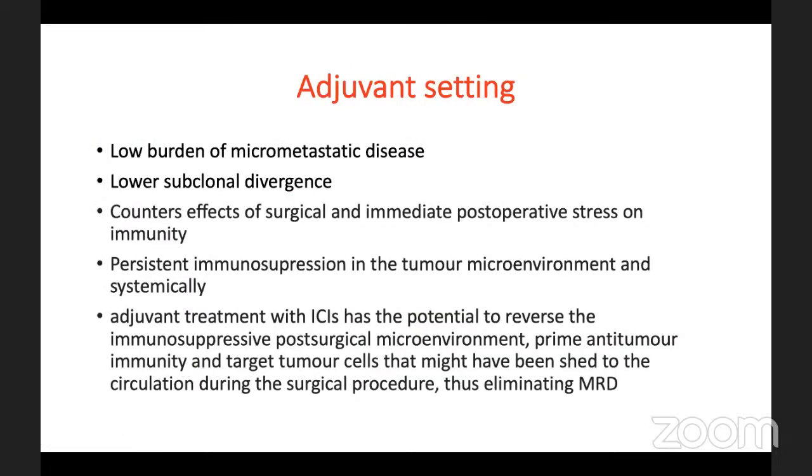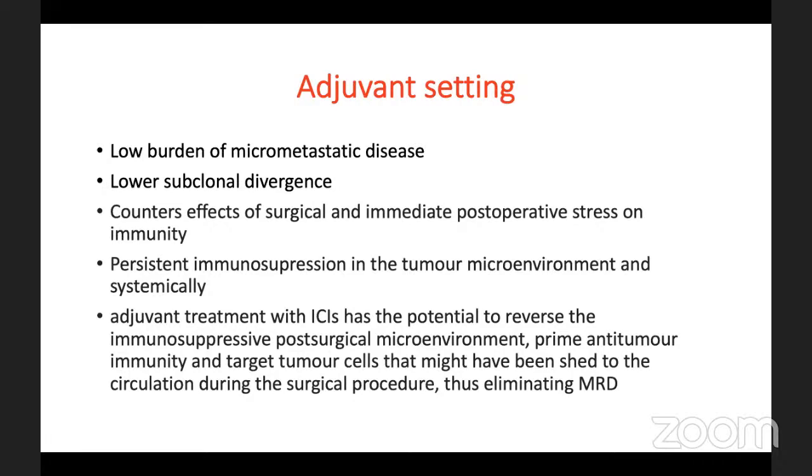Now immunotherapy, as we know, we can use in the neoadjuvant setting or the adjuvant setting. If we use immunotherapy in the adjuvant setting, we will be dealing with a low burden of micrometastatic disease, which is an advantage. And the number of clones that have evolved from the tumor growing is less, so there is lower subclonal divergence.